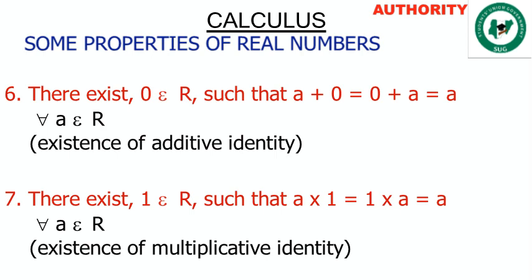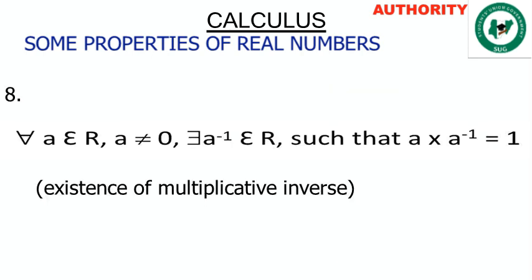Now let's go. Number 8. We say for all A in R, and A is not equal to 0, there exists A raised to power minus 1 in real numbers such that A times A raised to power minus 1 is equal to 1.